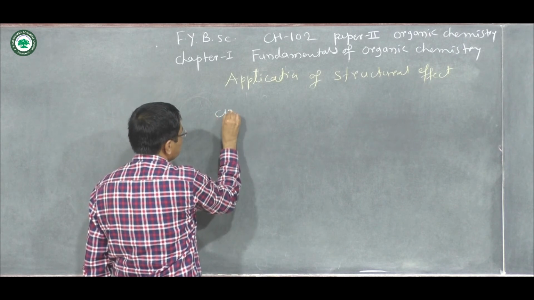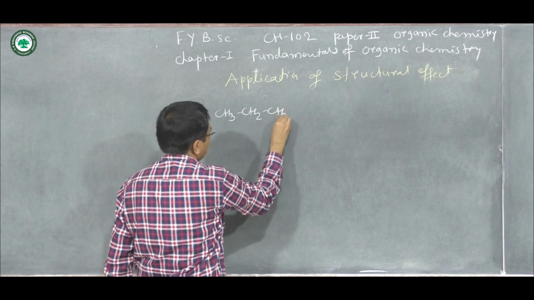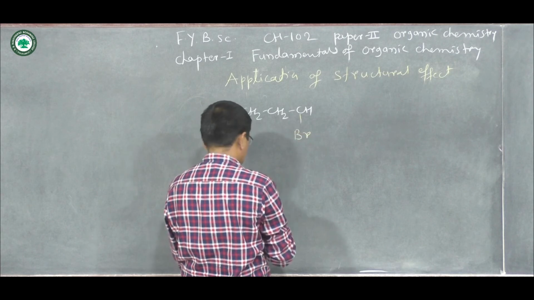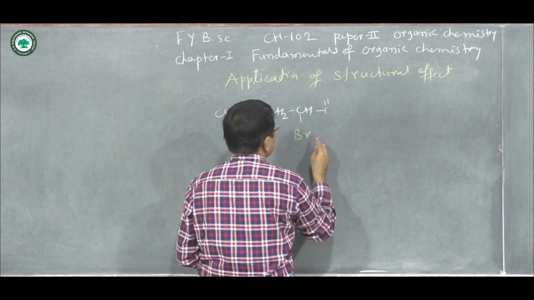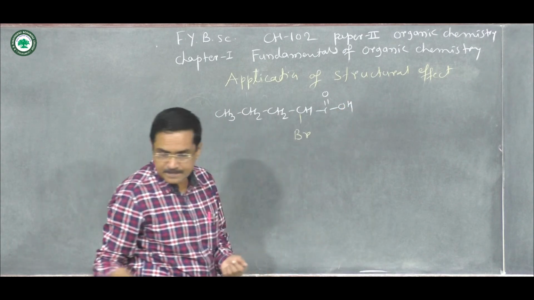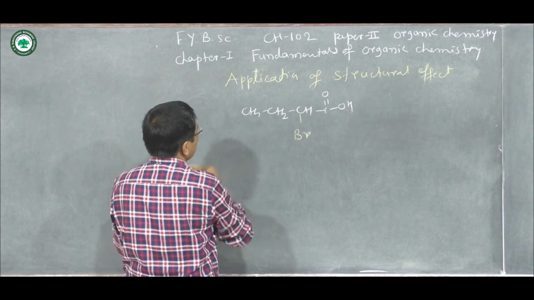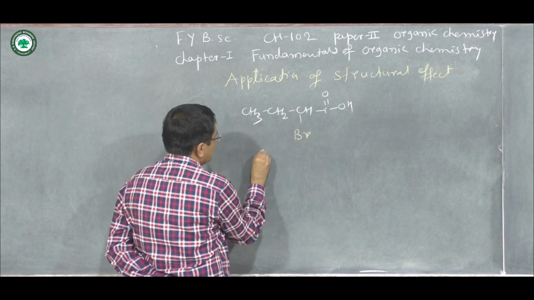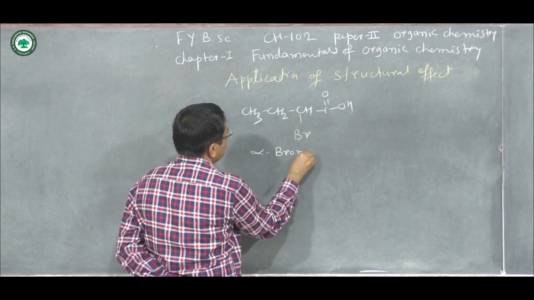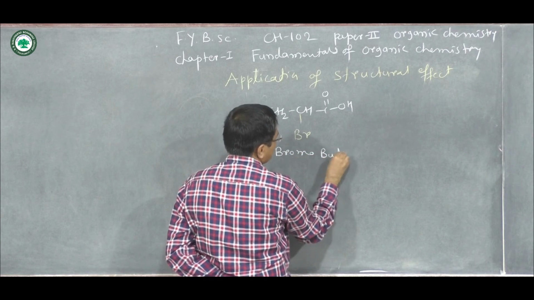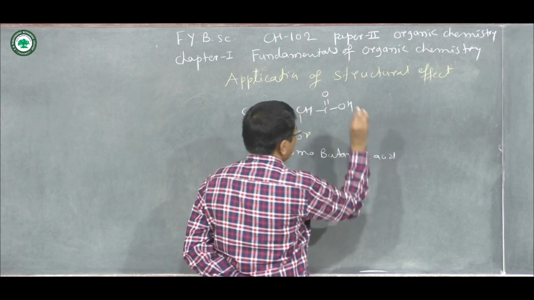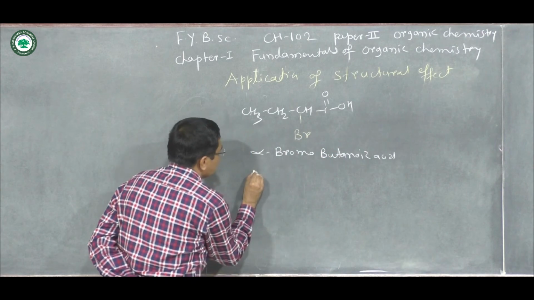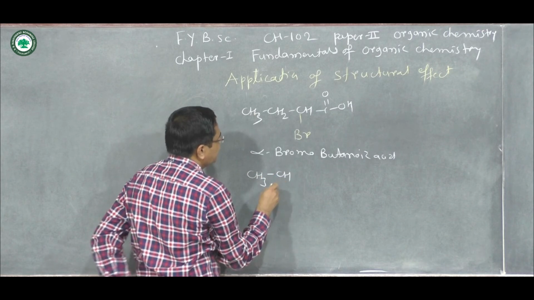Now we consider the position of this electron withdrawing group and its effect on strength of acid. Now here, this is alpha bromo butanoic acid. Now we compare with this, where the Br group is shifted to beta.